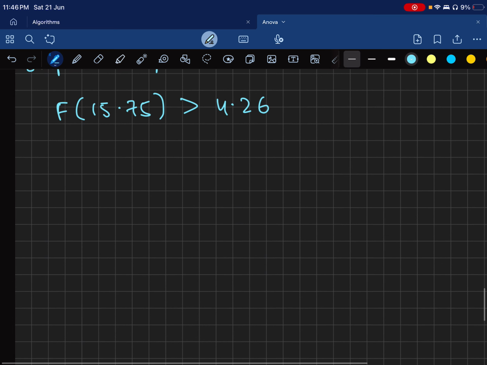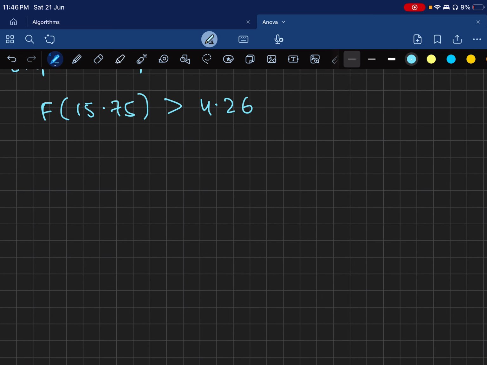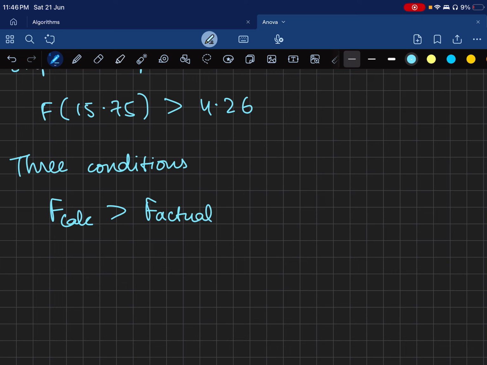Correct? So now look at the conditions. There are two conditions which you have to remember. If calculated F is greater than F actual, that is what you get in the question, then the hypothesis is rejected.